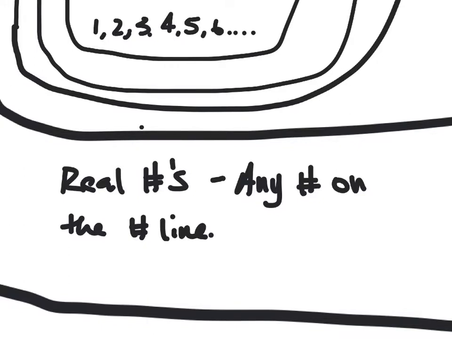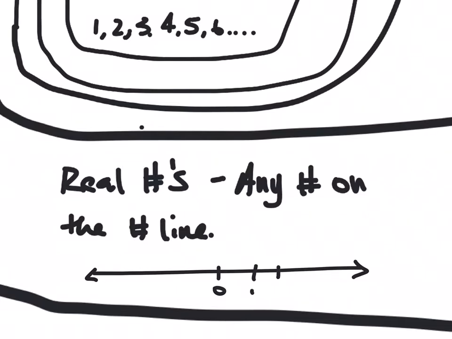A number line is just a horizontal line like this, where I put 0 typically in the middle, and you can put any number here, like 1, or 1.374, and over here you could put negative 2.1657, and so on. So these are real numbers.